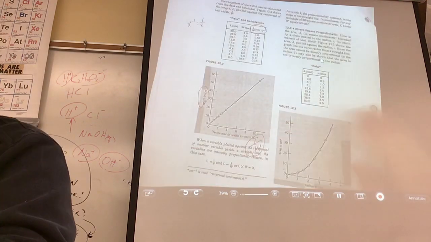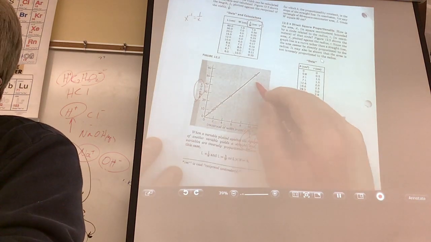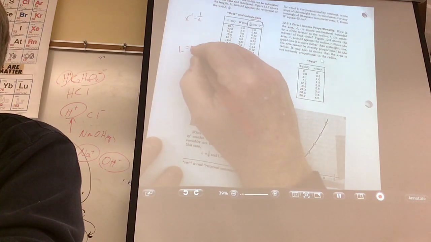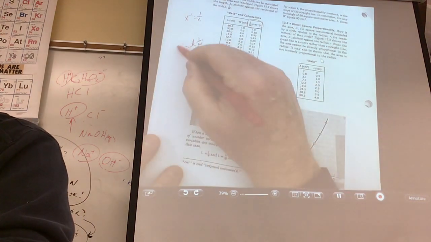Now, stay with me. This is the best part. You know what this graph proves? This graph proves that length is directly proportional to, not W, 1 over W. Look, isn't that right?